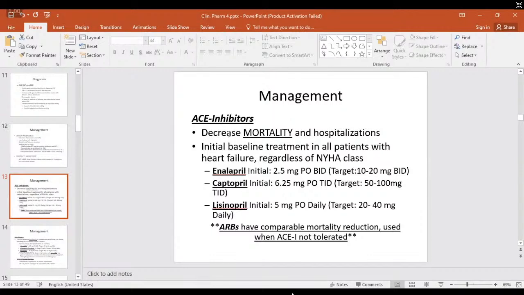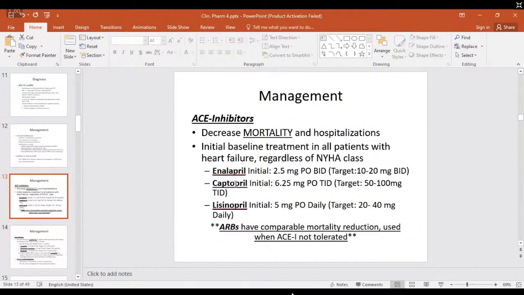So what are some ACE inhibitors that we can use in heart failure? We can use enalapril. Usually the target dose is 10 milligrams twice daily. Captopril, this is the classic ACE inhibitor, which is rarely used, although in some countries, including the United States, it's still a commonly used ACE inhibitor. In Bulgaria, it's not the case.